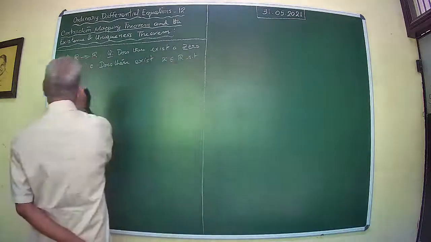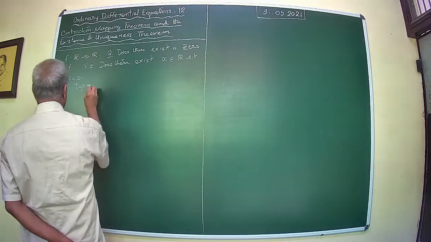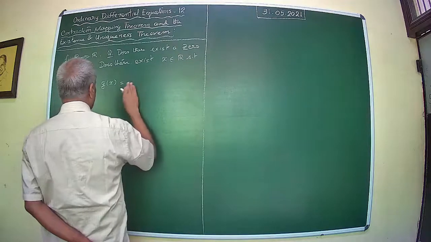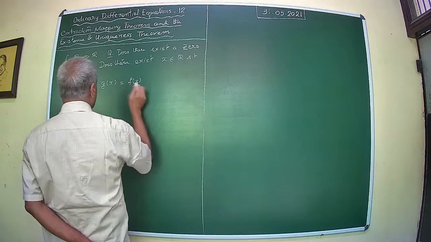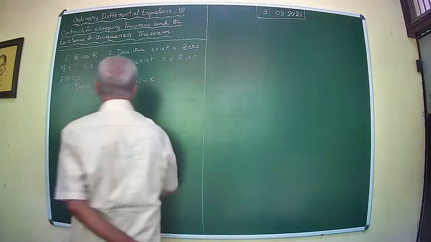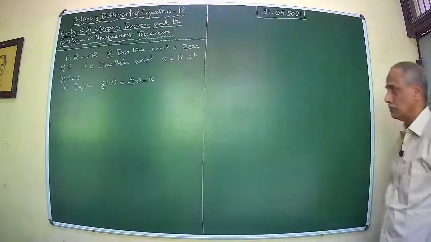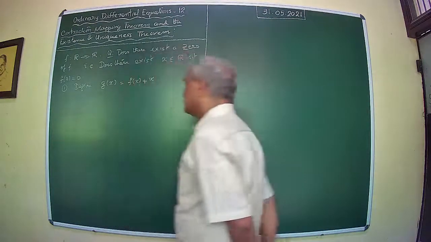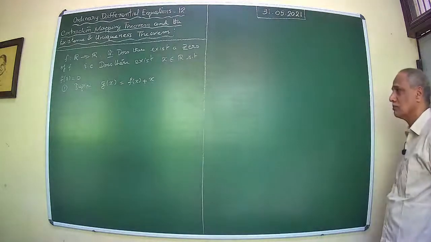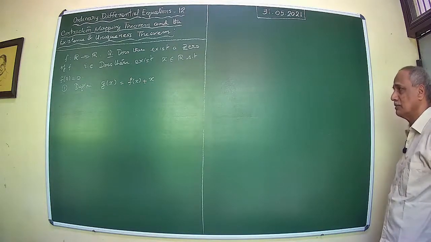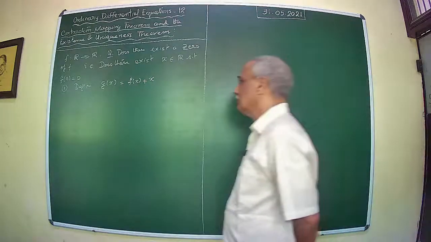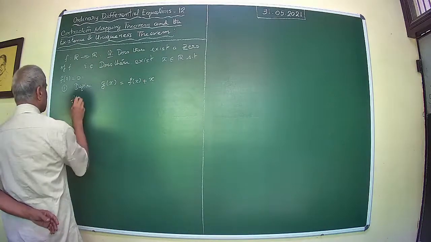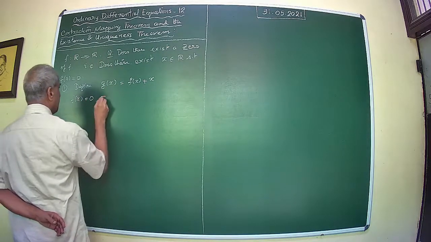So what you do is define g(x) equal to f(x) minus x, or f(x) plus x. Okay. Now you see that f(x) equal to 0 if and only if g(x) equal to x.